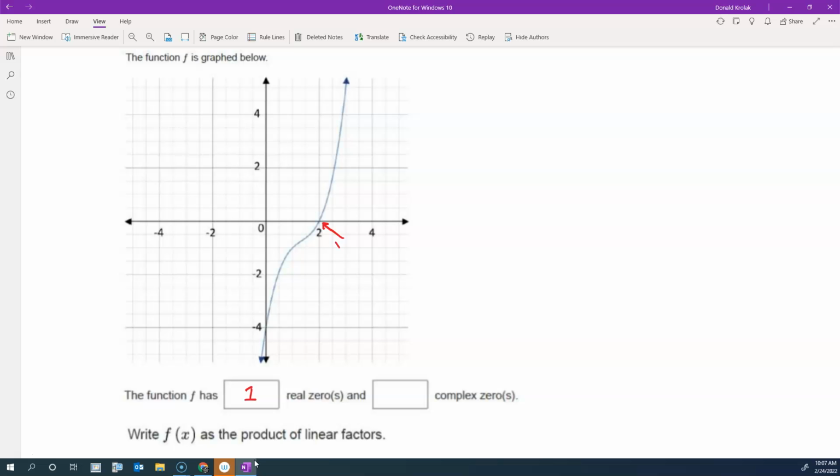So x equals 2 is a real zero. And then we know we have to have 3 altogether, so you're going to have 2 complex, because these 2 have to add up to be 3.